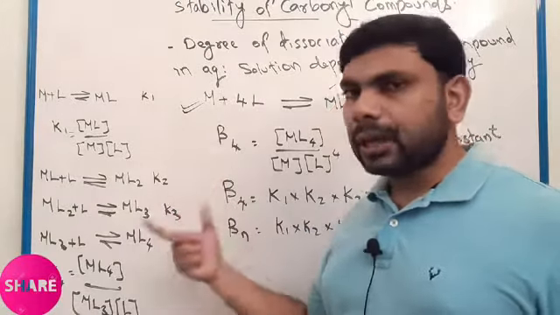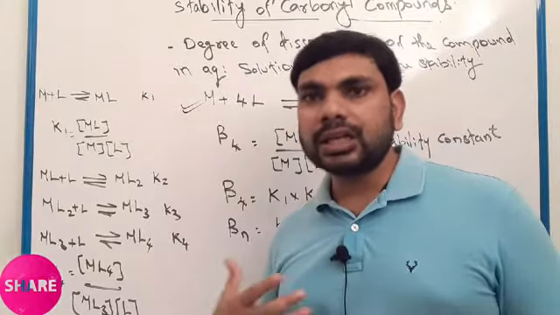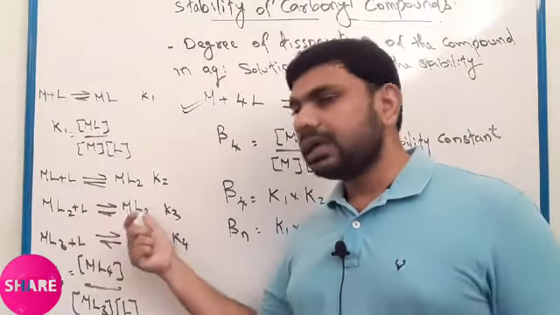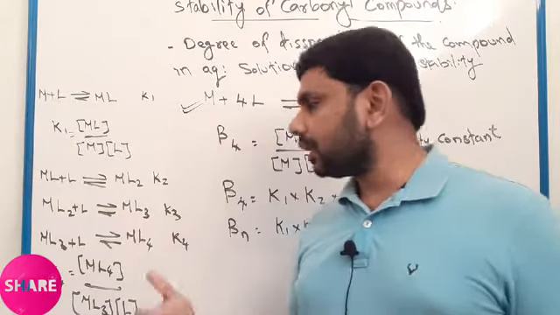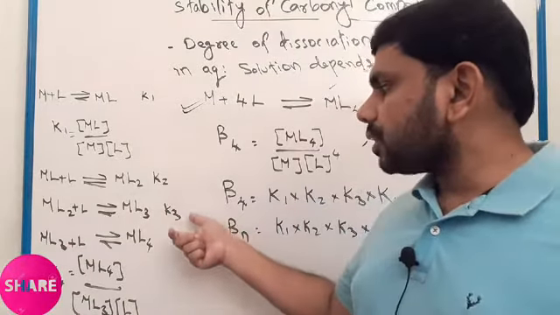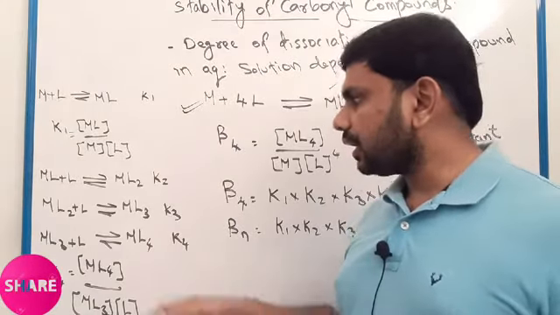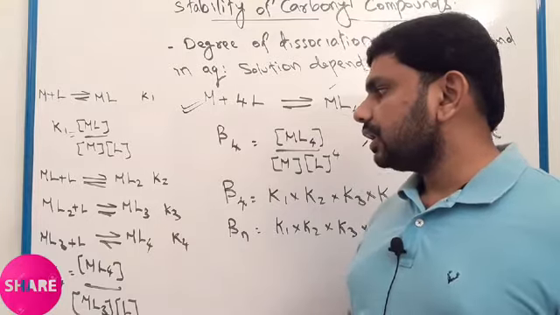Next step, ML2 reacts with another ligand and forms ML3. The equilibrium constant for this reaction is K3. Okay, ML3, it is K3. Clear?